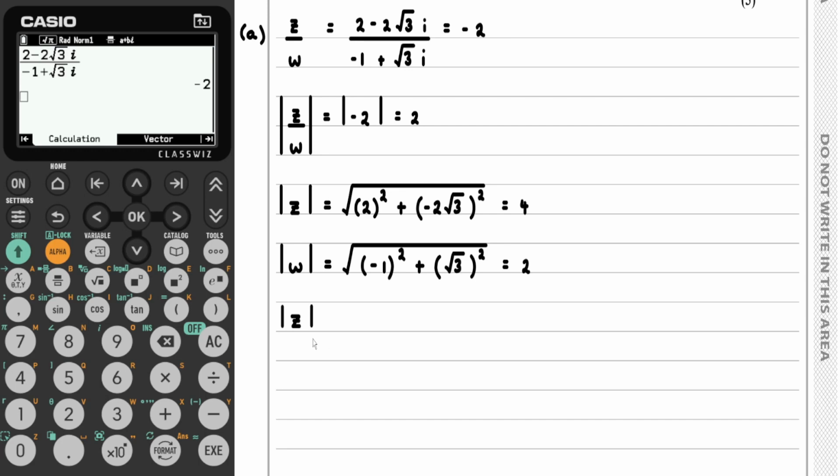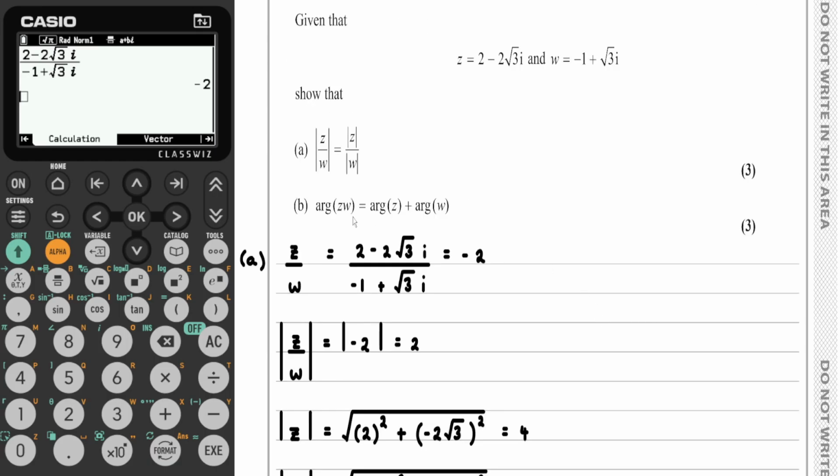And so, mod of z over mod of w, that's equal to 4 over 2, which is equal to 2. What we see here then is the mod of z over w is equal to the mod of z over the mod of w, and that of course is equal to 2.